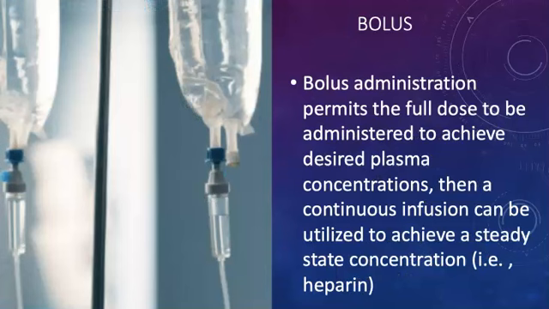When we're giving boluses of fluid, it permits us to give a very large amount to get the desired concentration of the medication in the bloodstream itself. If we're giving a continuous infusion, then once we reach steady state, we can maintain the drug at various different levels.